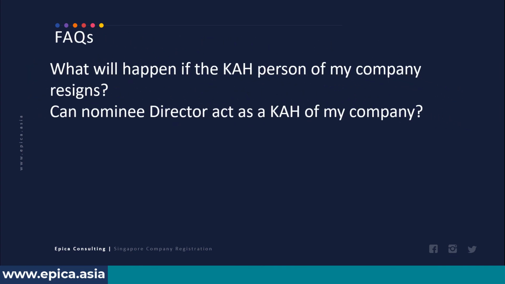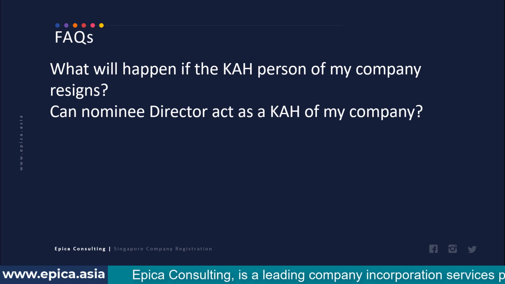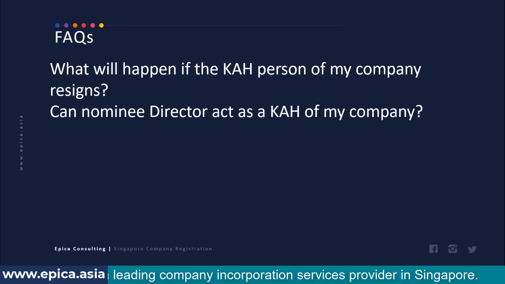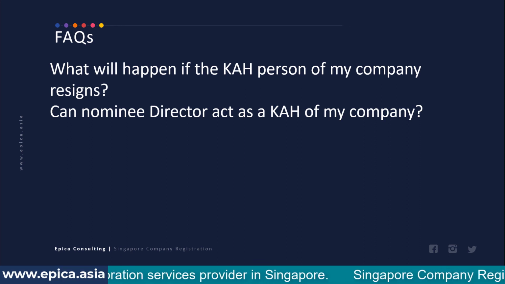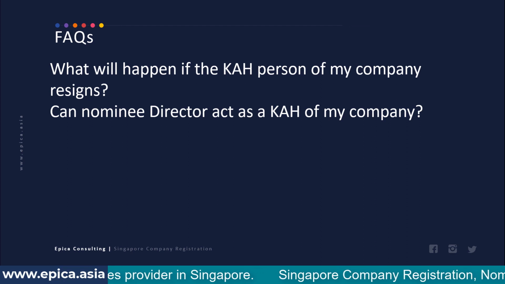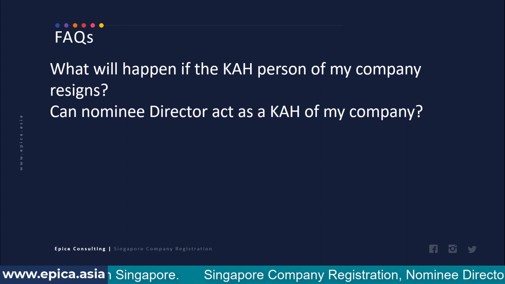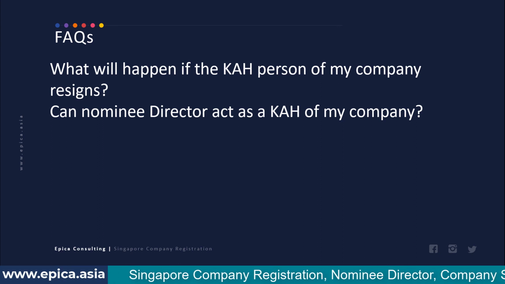Now, one of the frequently asked questions is what will happen if the key appointed holder of your company resigns. Obviously, if the KH resigns, then from the date on which he leaves your company and is no longer in employment, until you get a new KH, your license is technically suspended because you don't have anybody to act as a KH.